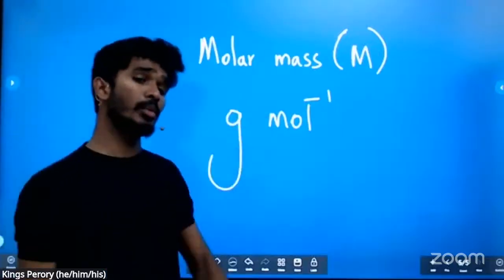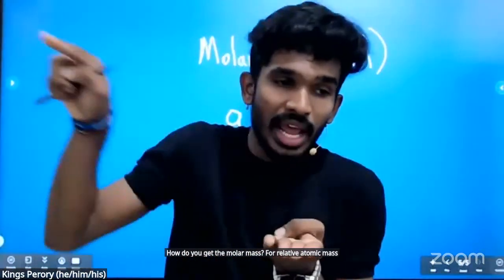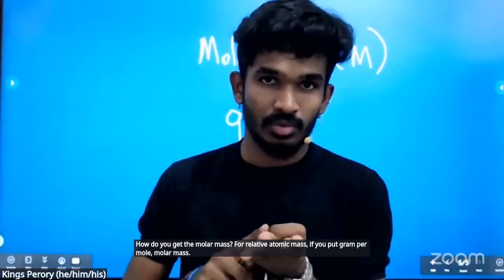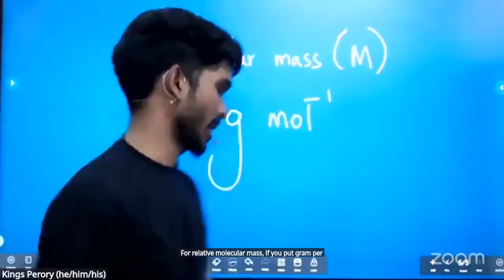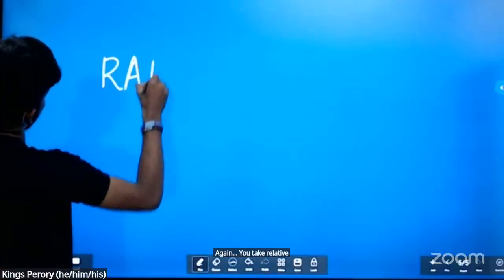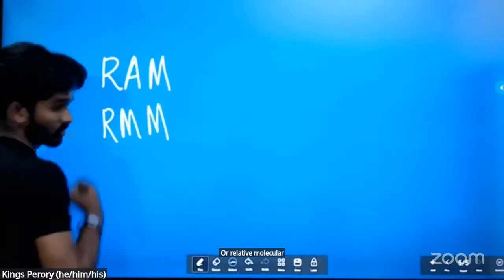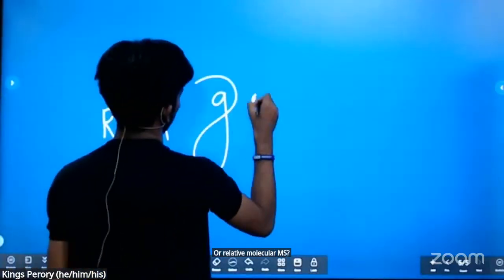How do you get the molar mass? For relative atomic mass, if you put gram per mole, it is molar mass. For relative molecular mass, if you put gram per mole, it is molar mass. You take relative atomic mass or relative molecular mass and put the unit gram per mole to it.